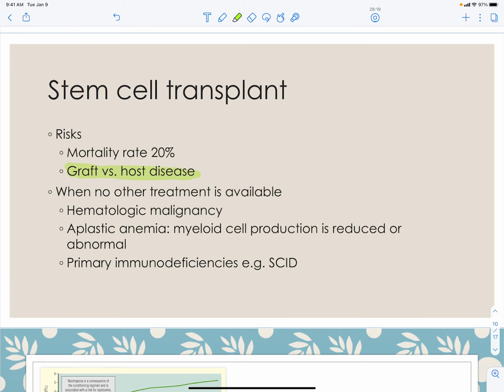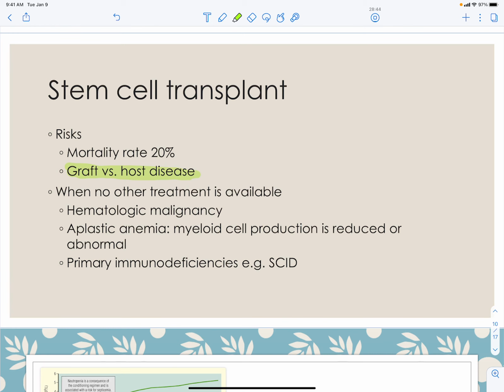Because there's a high mortality rate and because there is the graft versus host disease, the allogeneic stem cell transplant is carried out under certain conditions. And so again, it goes back to, is there some other treatment available? When there's no other treatment available and these other conditions apply, then this allogeneic stem cell transplant is attempted.